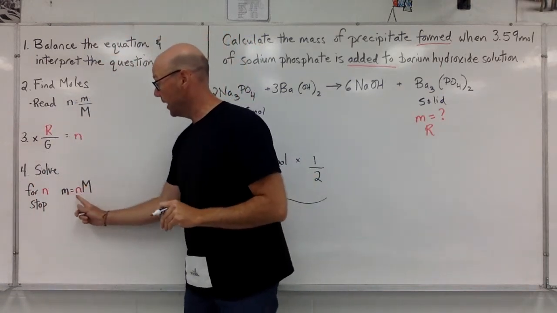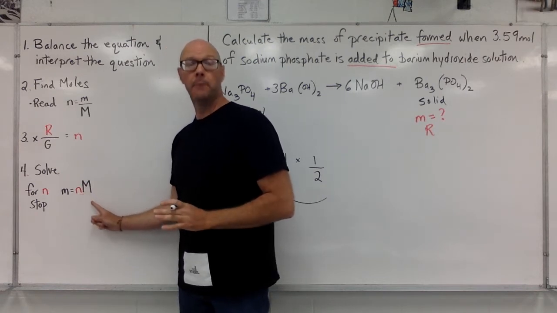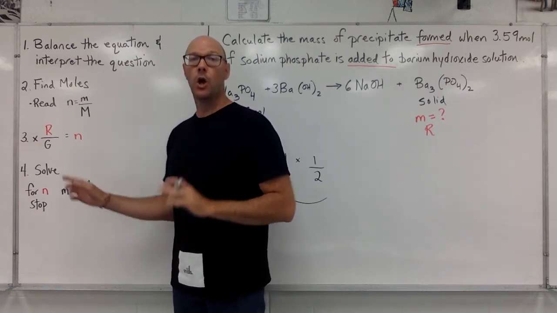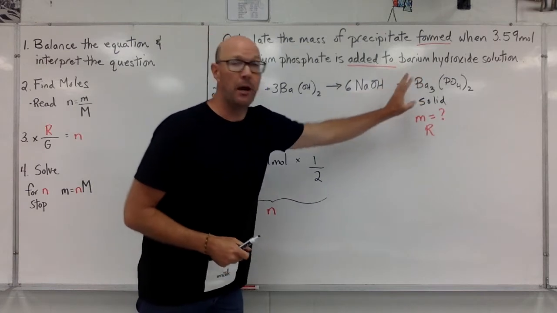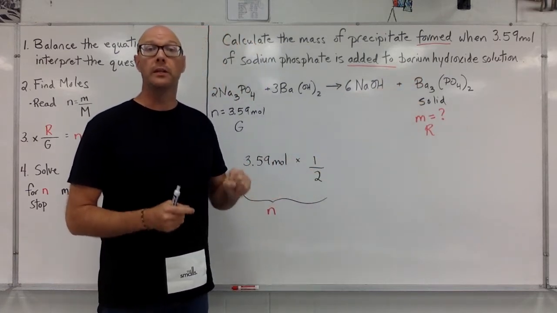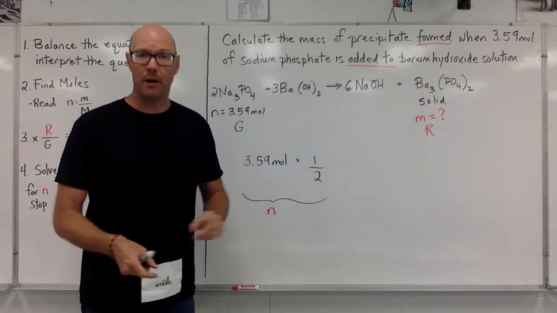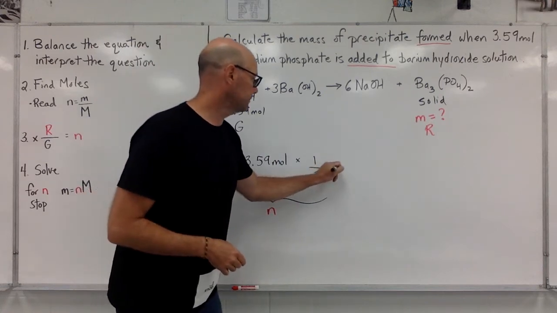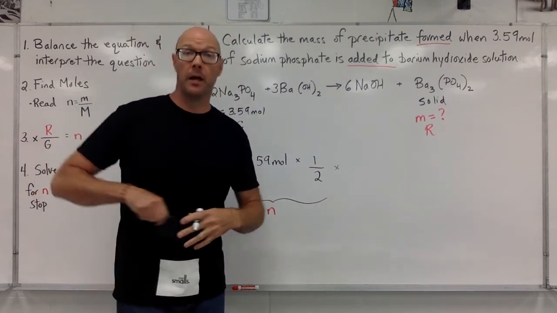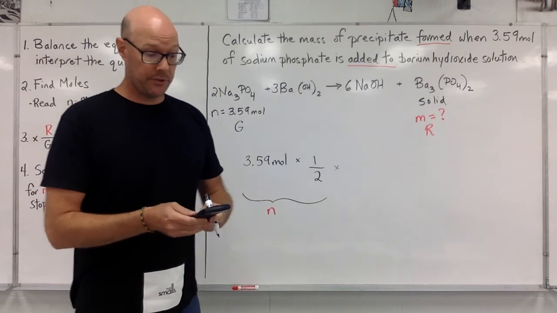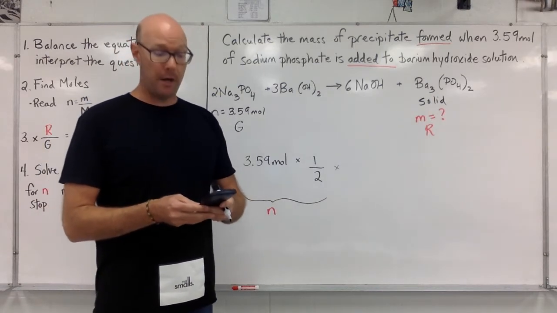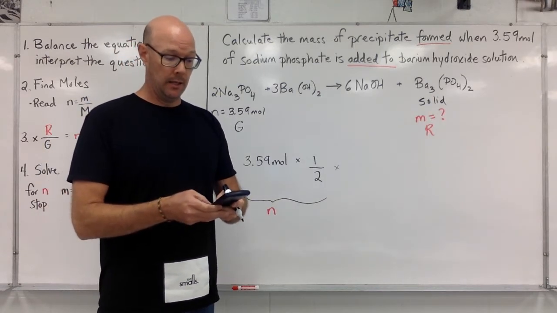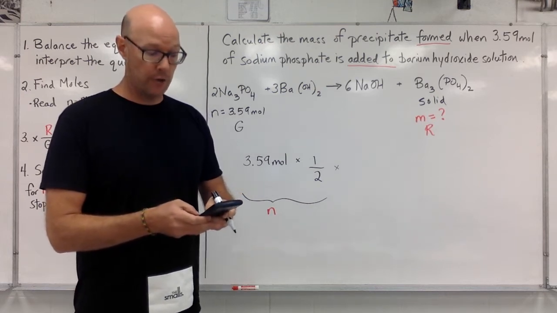And the mass, it's the moles, red N, multiplied by the molar mass. We are looking for the mass of barium phosphate, so we need to use the molar mass of barium phosphate. It's pretty big. There's 3 bariums. The molar mass of barium is 137.33, 3 of them.